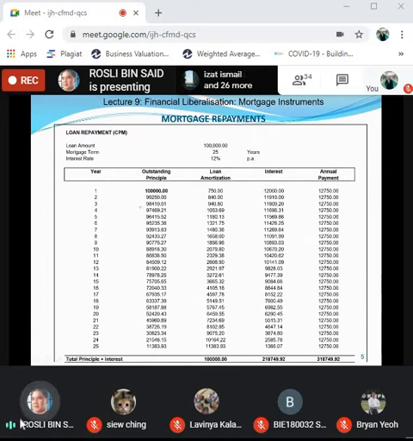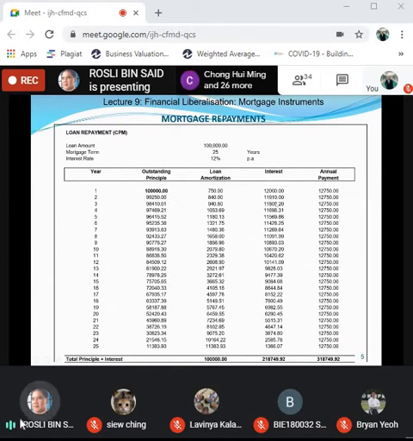When it comes to year two, because we only paid 750 for the loan amortization, the balance is 99,250 ringgit, which is very high, because we paid 12,750, but we still have the outstanding principal of 99,250 ringgit.